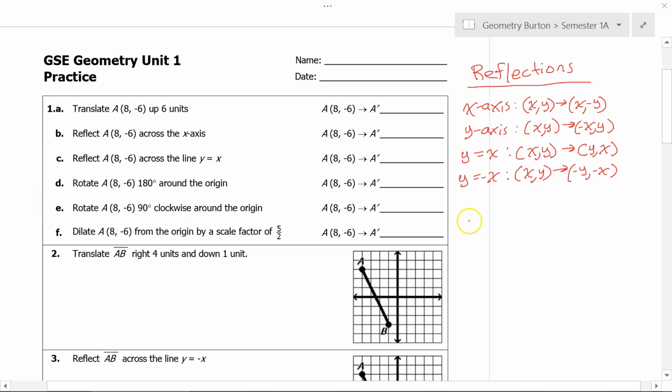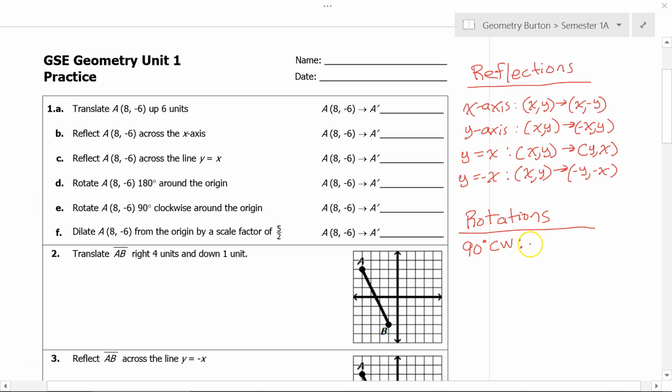Now here are 3 rotation rules that I also want you to memorize. 90 degrees clockwise.